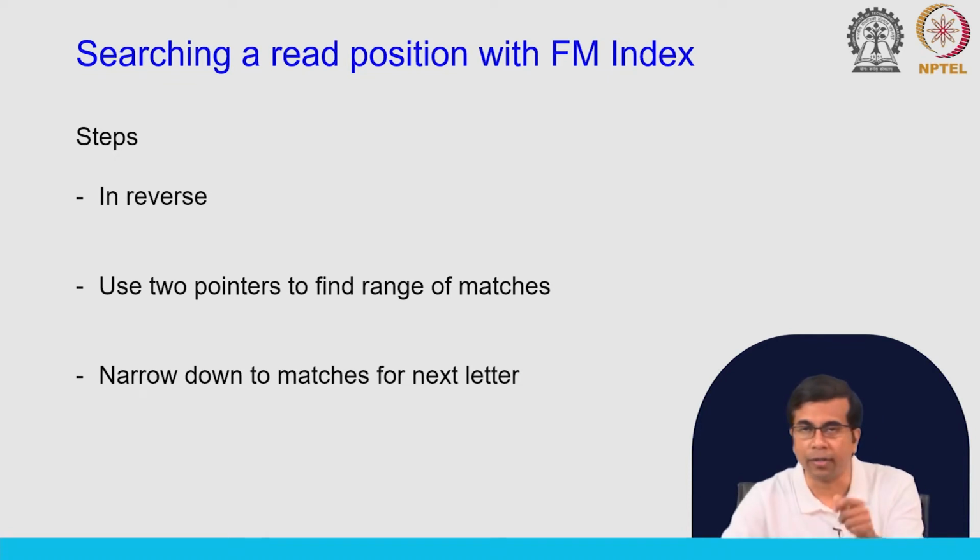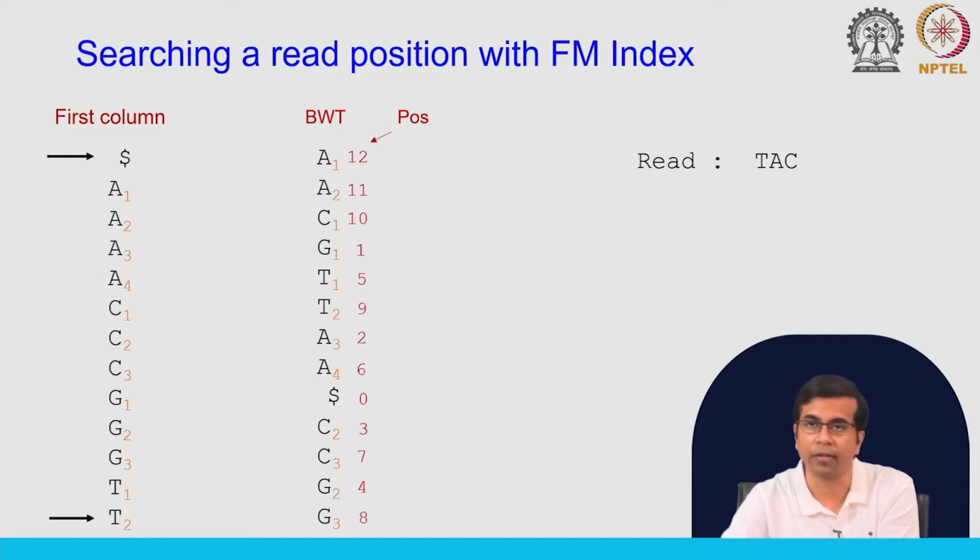Finally it converges to 1 row, or maybe 2 or 3 rows if there are multiple matches. So, let us have a look at how this is done.